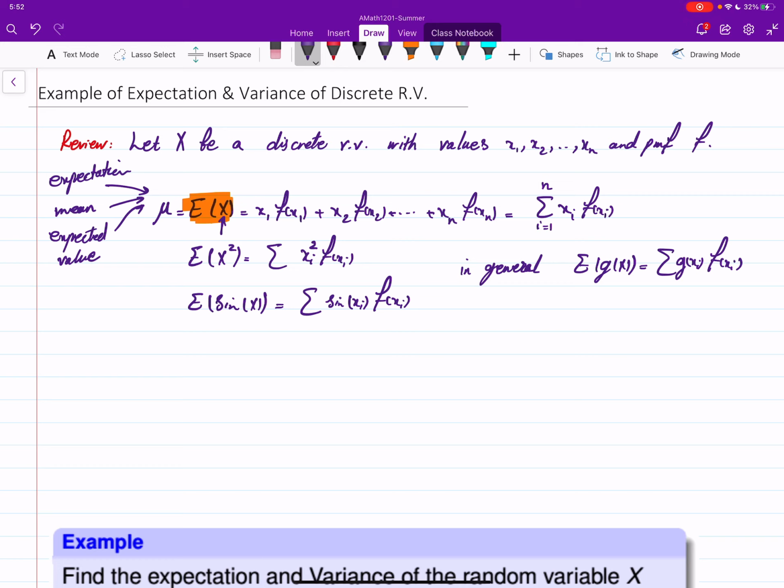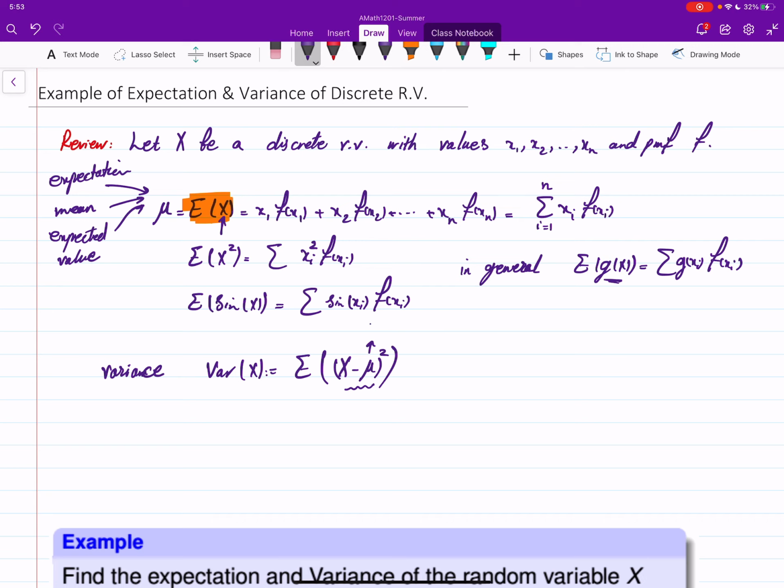That is where the variance can now make more sense. The variance of that random variable, we denote by Var of X. It is defined to be E of (X minus mu) squared. Here the function I'm using is X minus a constant.